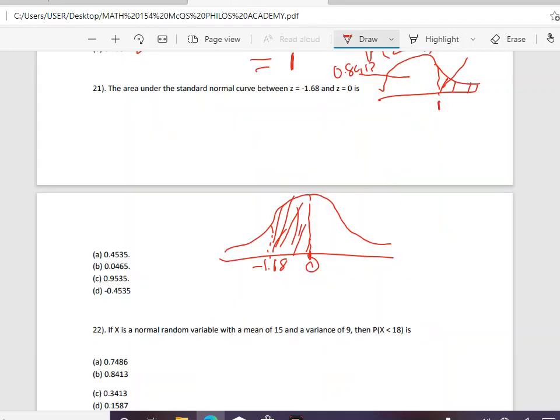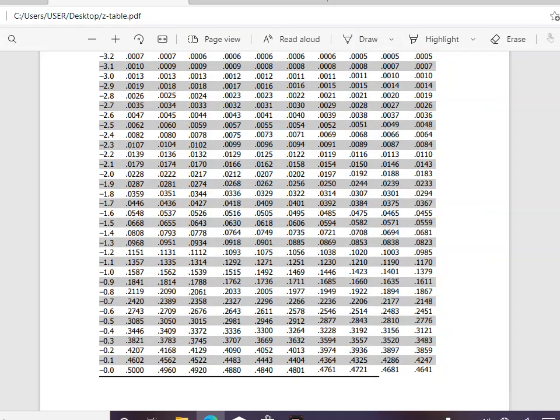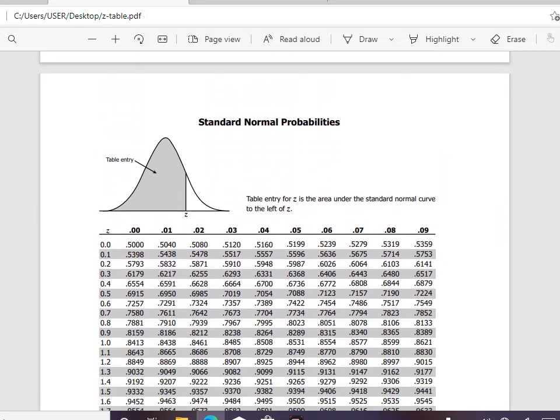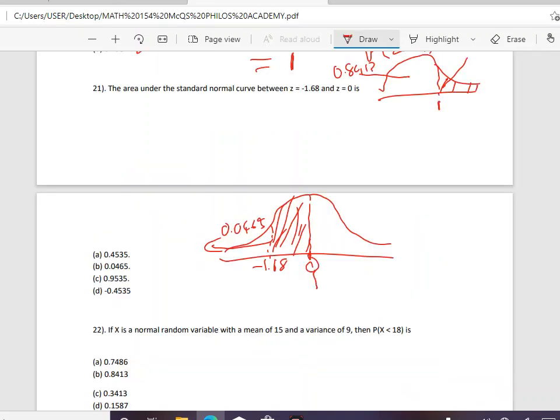So the area to the left of this is 0.0465, isn't it? Then we also find the area to the left of 0. In fact, without checking the z table, we should know that the area to the left of 0 is 0.5. Or let's check it: 0.00, that's 0.5000.